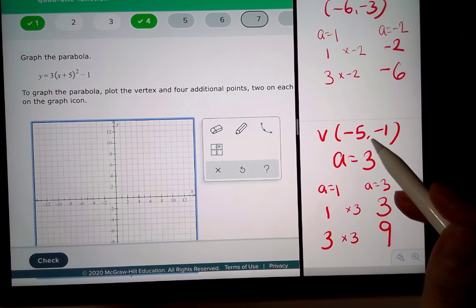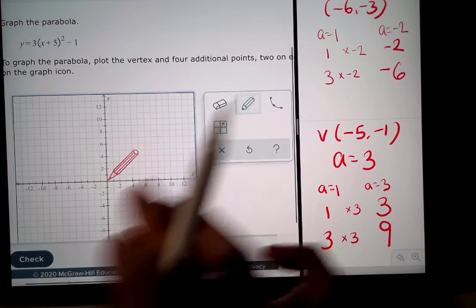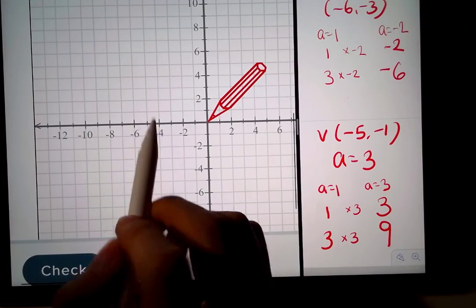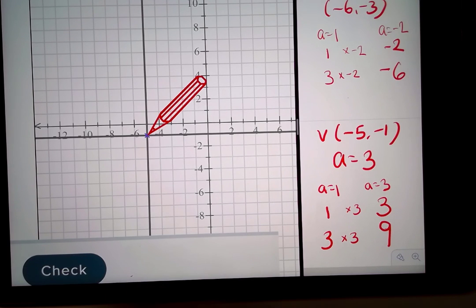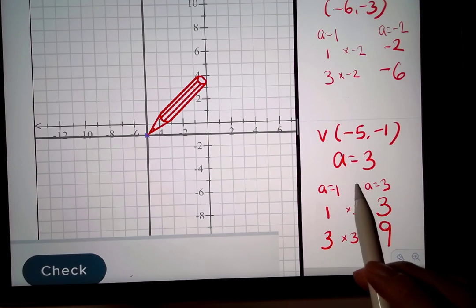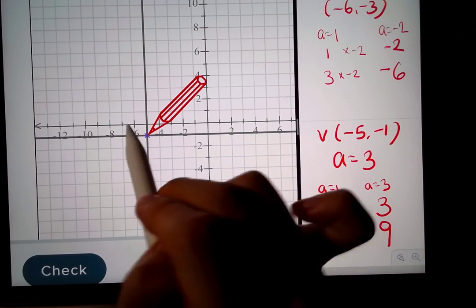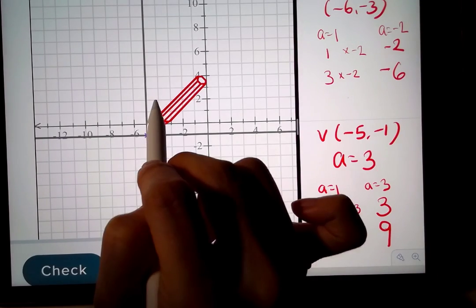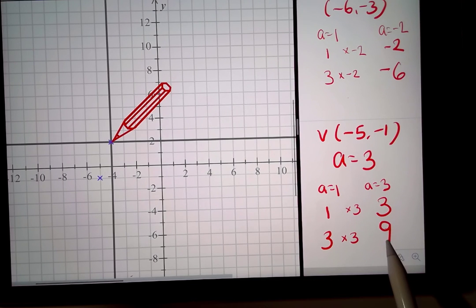Alright? So you go to your vertex, -5, -1. Let's go -5, -1. It's right here. And then A is +3, so we go up, right? And then when you move 1 to the right, then you go up 3. 1, 2, 3. Like this. And when you go one more, you go by 9.